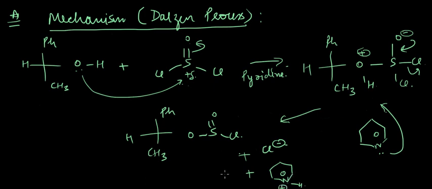Okay, so now this oxygen atom will detach from this carbon atom. The bond electrons will be taken back by the oxygen atom, and at the same time this chlorine will attack from the back end side.